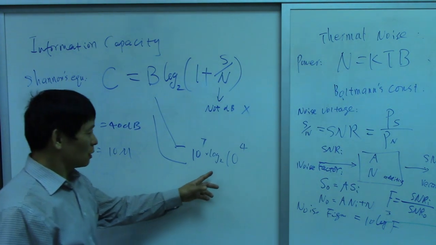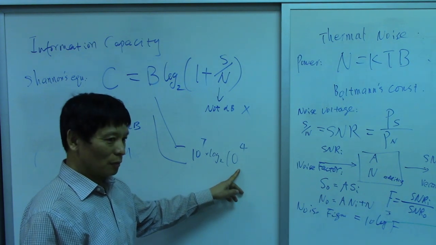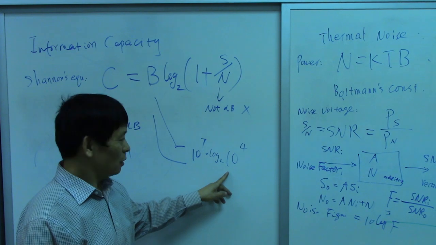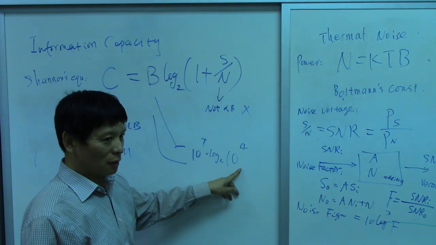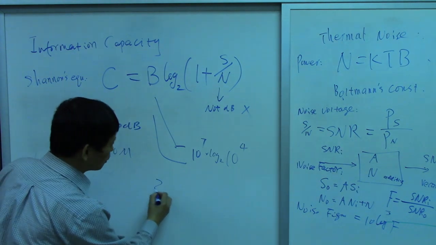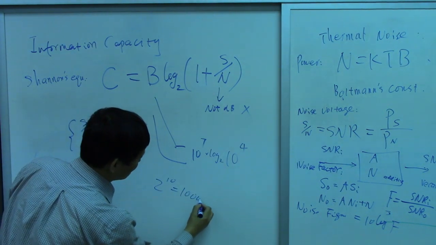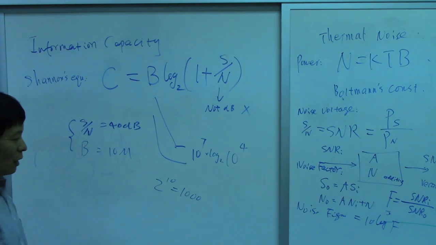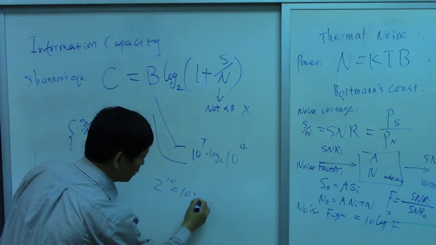How large is this one? Approximately what? 2 to the 10 equals 1,024, right?